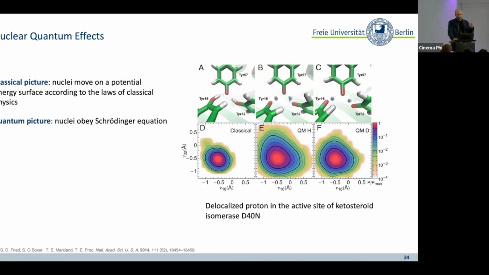What does it mean? It means that there are some regimes where we cannot ignore the quantum effect of nuclei. For example, in the case of very light nuclei, the quantum properties emerge very clearly from the system, or also if we go to very low temperature where lots of experiments are done. So in those cases, we need to explicitly take into account nuclear quantum effect.